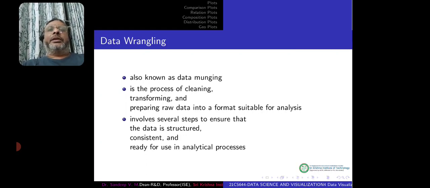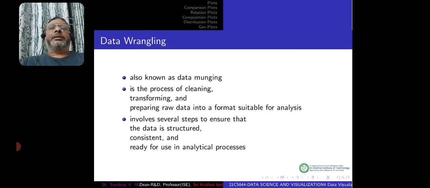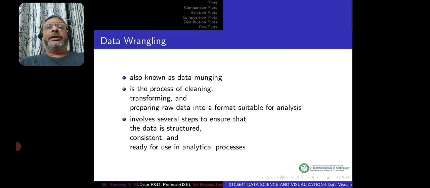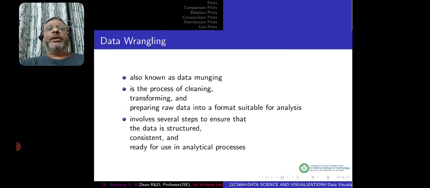As we have seen in the earlier sessions, the data is collected from various sources, maybe a primary source, maybe a secondary source. A primary source is the one wherein the data is collected by the group who are working on the current problem.